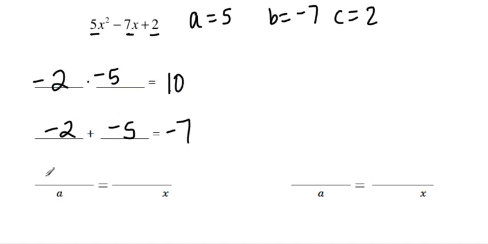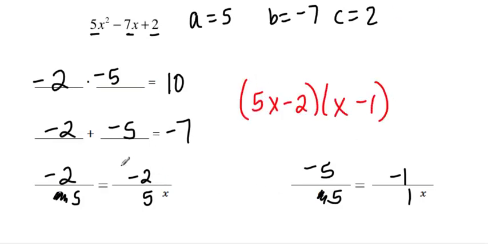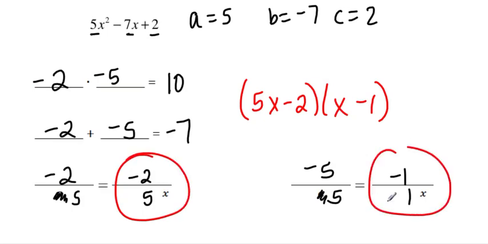I'm going to bring these two numbers down here and replace my a with 5. That's what my a is. And then reduce. So negative 2/5 doesn't reduce. And negative 5 over 5 reduces to negative 1 over 1x. Then write your answers. So your answers are going to become 5x minus 2 and x minus 1 from these two fractions.